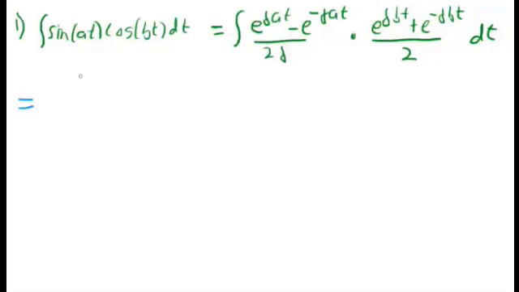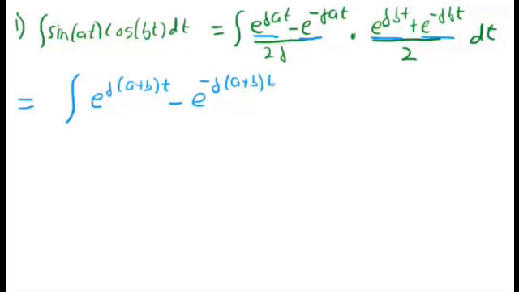We'll try to do it in a good order. We have first e to the j at times e to the j bt. That gives e to the j a plus b t. Next, I'll do these last 2 terms, e to the minus j at times e to the minus j bt, and that gets minus e to the minus j a plus b t.